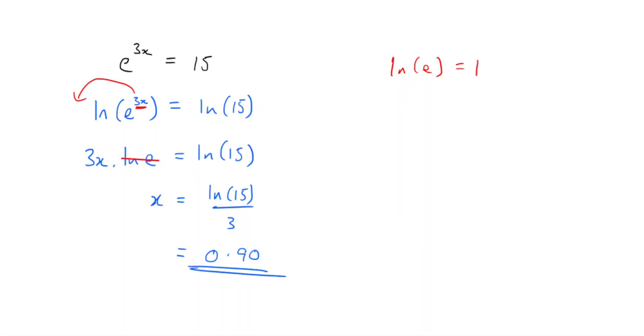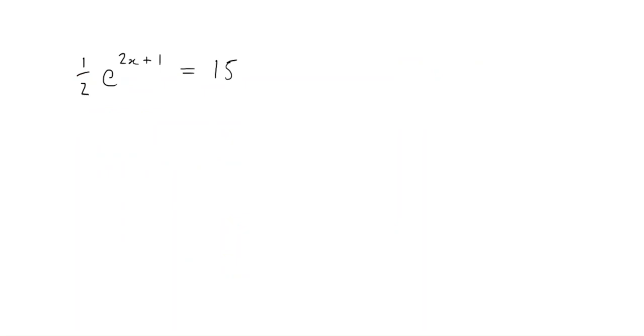Let's do another one. Here we've got a half e to the power of 2x plus 1 is equal to 15. Before I can solve that, I need to deal with that half. The easiest thing to do is multiply both sides by 2. So I get e to the power of 2x plus 1 is equal to 30. And now I can natural log both sides. So the natural log of e to the power of 2x plus 1 is equal to the natural log of 30. I can bring that power of 2x plus 1 down to the front.